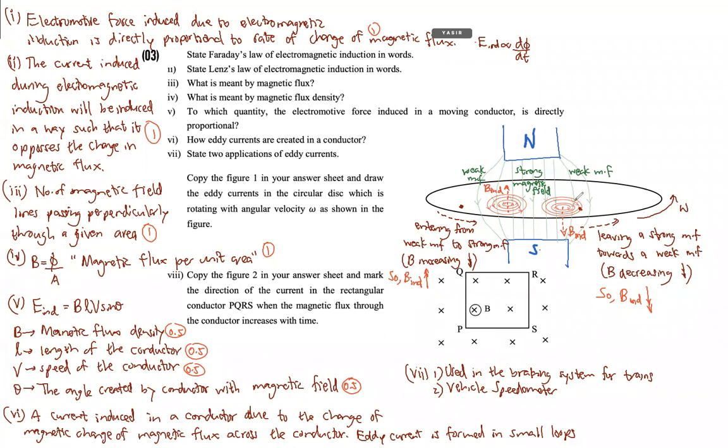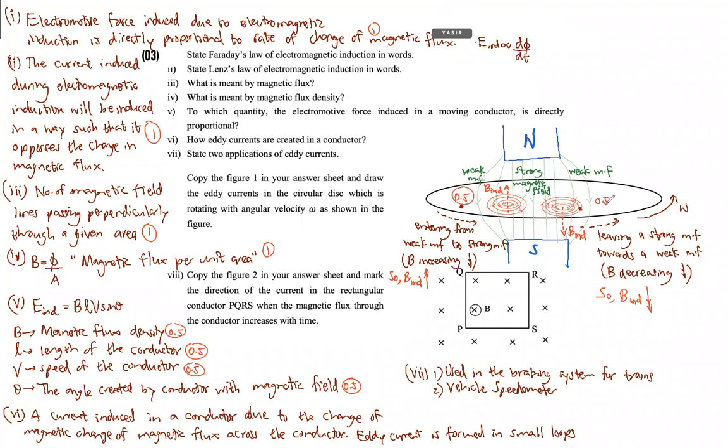So it should be clockwise here. I hope it's clear. These are the two cells you have to draw. Here counterclockwise, here clockwise, and I have explained the reason. Half mark each for figuring it out.